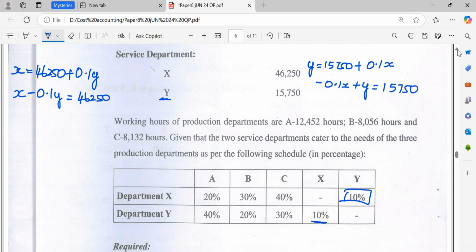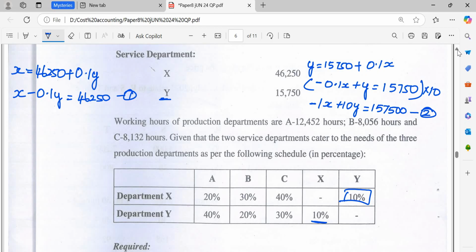So I want to cancel either X or Y. I can multiply this entire equation by 10, that is minus 1X plus 10Y is equal to 15,750 into 10, so 1,57,500 I will be getting. So this will be one equation and this will be the second equation.